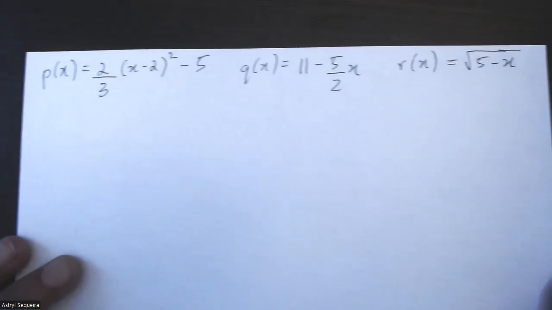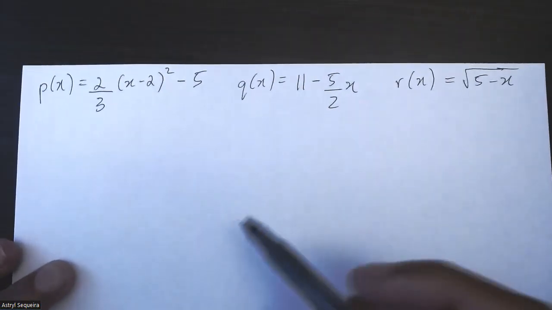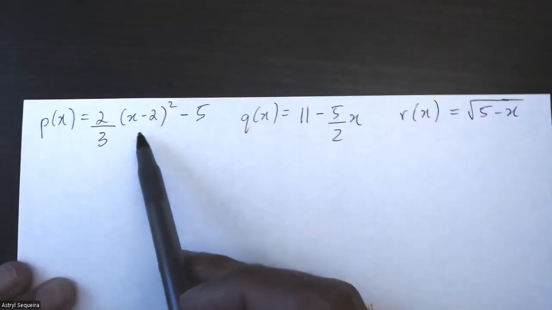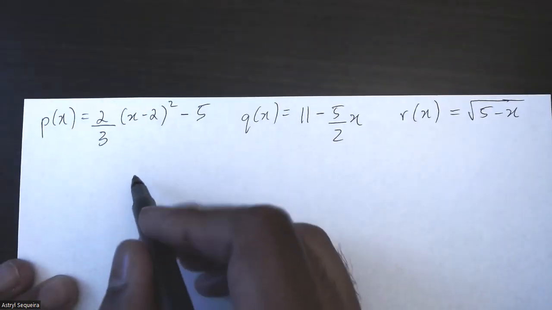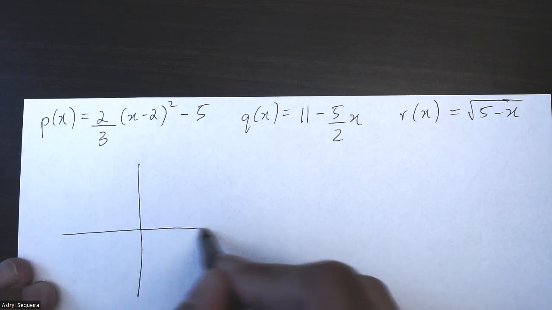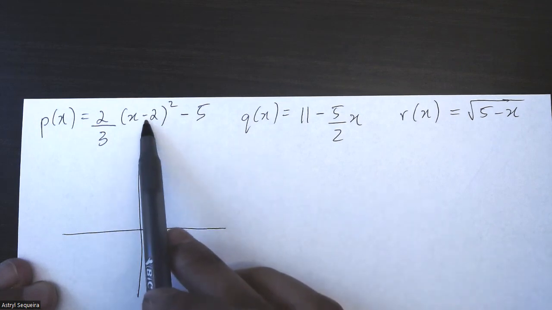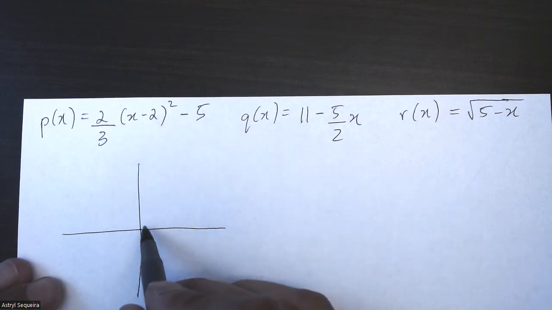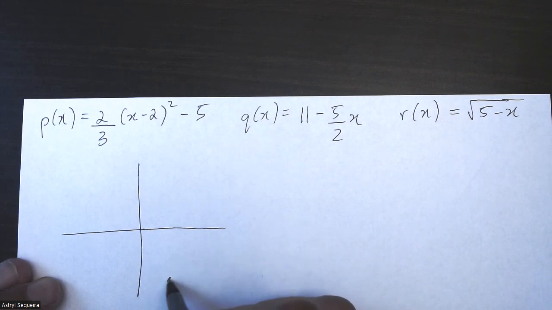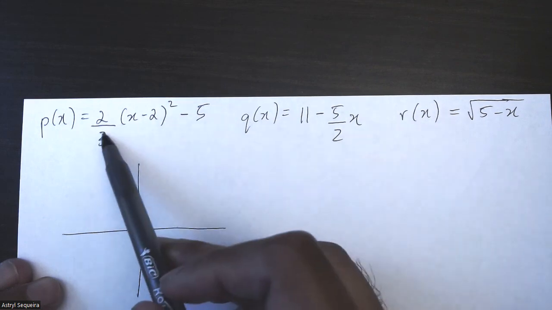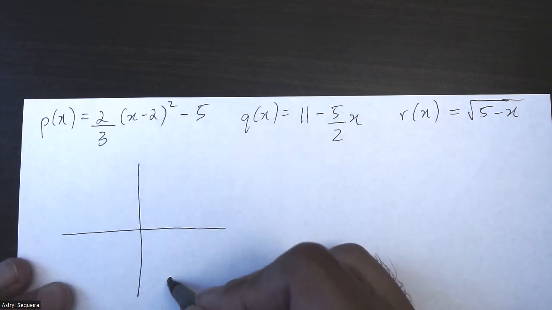And let's do these three for a bit of extra practice. First one over here is quadratic. Vertex x value is +2, y value is -5, so +2 and -5 is down here. A value is positive, so it opens up.